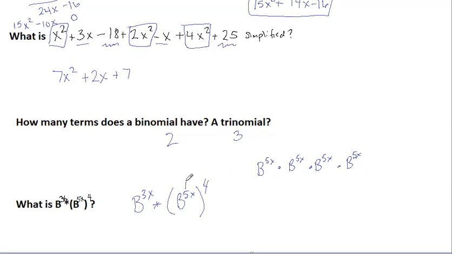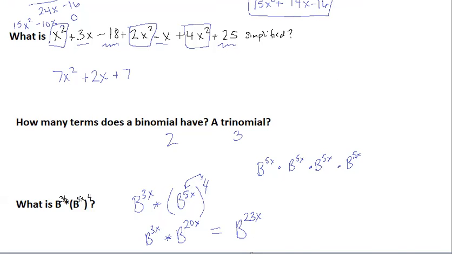You also could have just multiplied, 4 times 5x. So that's b to the 20x times b to the 3x. Now we add exponents when they are multiplied together. So 3x plus 20x is just going to be b to the 23x.